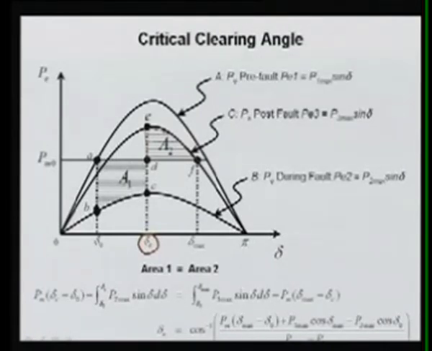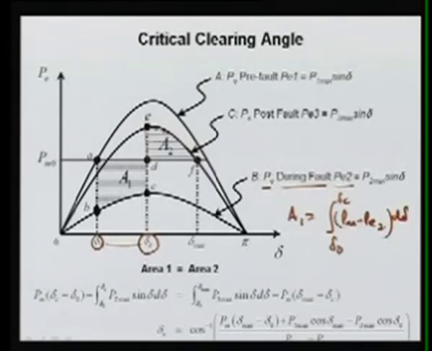So this area A1 will be equal to area A2, and then we can determine delta C as in the previous example. This area is nothing but PM minus PE, where PE here is the one during the fault, that is PE2. So area A1 will be the integration from delta naught to delta C of PM minus PE2 d delta.